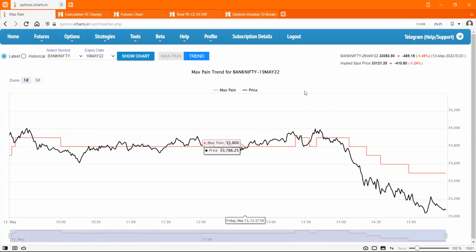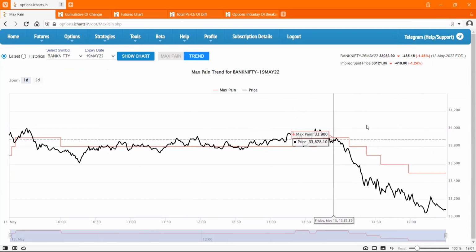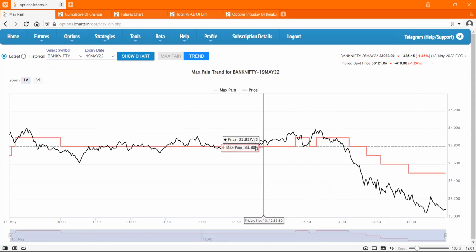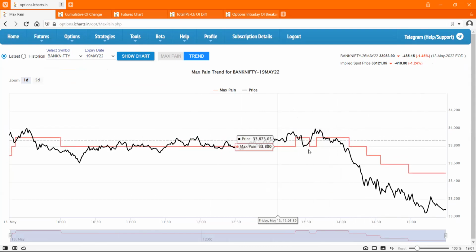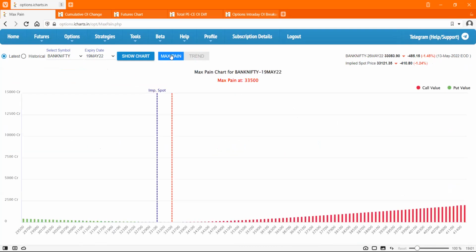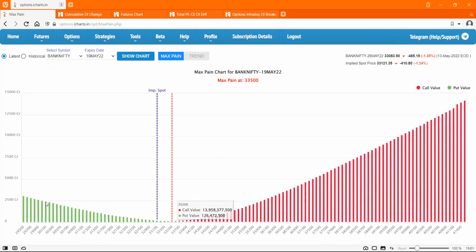Max pain is going to take time to move, so it is not going to be as fast, because it depends on OI. The whole value of all the strikes together has to change, only then will this level change. A lot of OI unwinding has to happen.